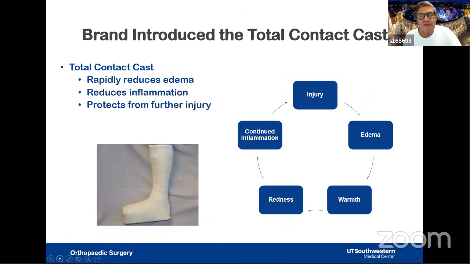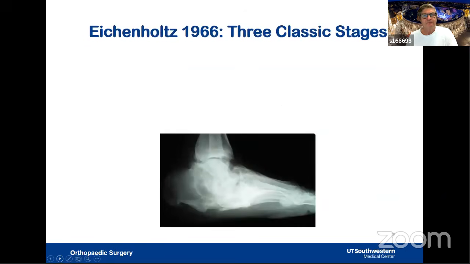So it's better than giving any medication to resolve inflammation. And it's amazing because if you put these casts on a patient acutely, in sometimes 3 or 4 days, the cast becomes loose because you have actually reduced the edema so much. So a total contact cast is the gold standard in somebody with an acute Charcot neuroarthropathy.